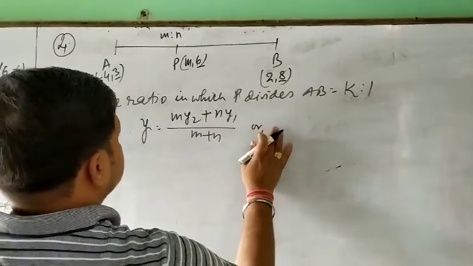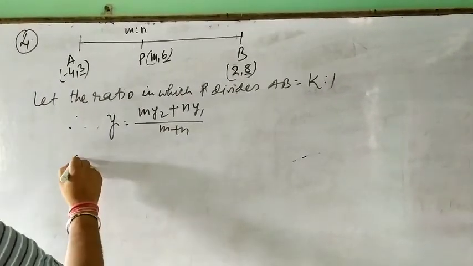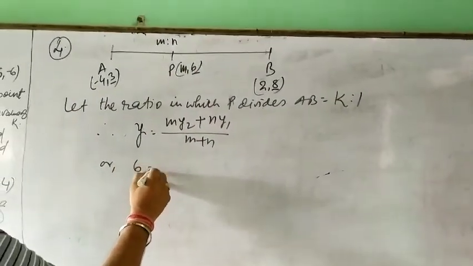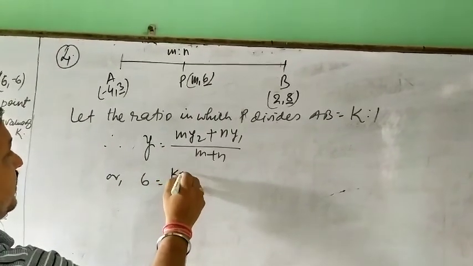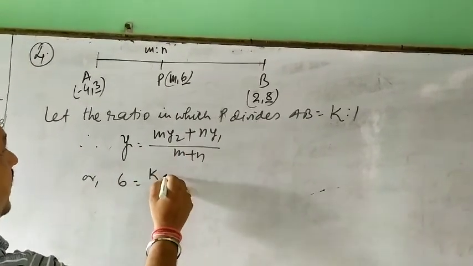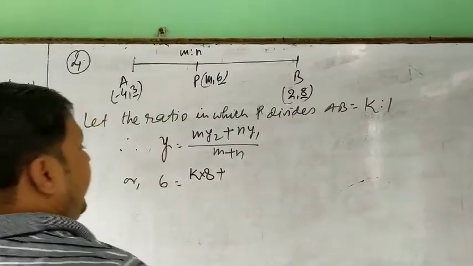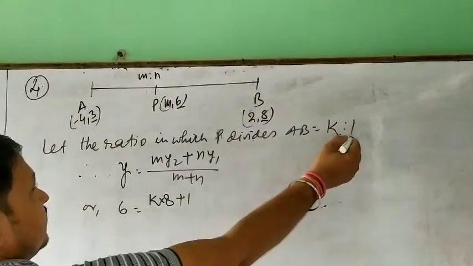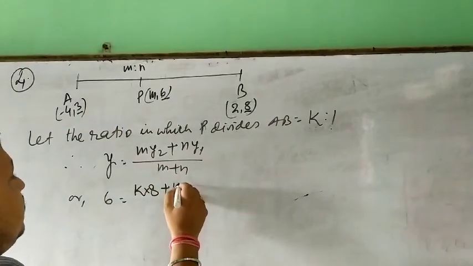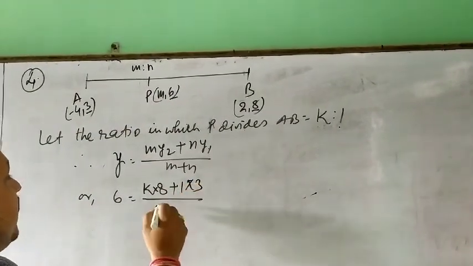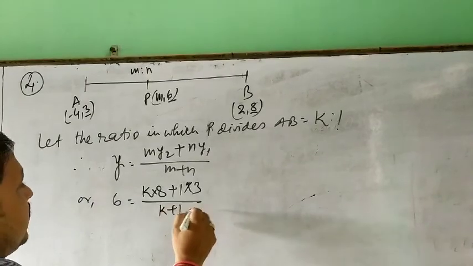So y equal to 6, m that means k, y2 that means 8, plus n equal to 1 and y1 equal to 3, by k plus 1.